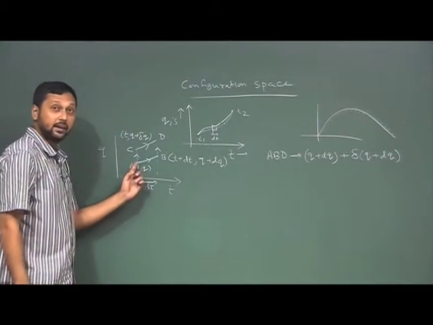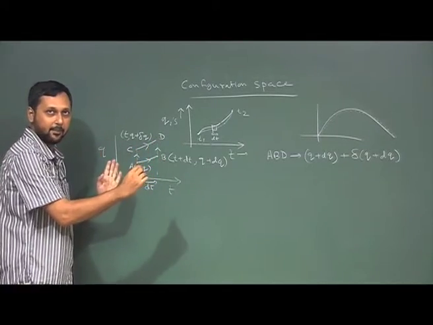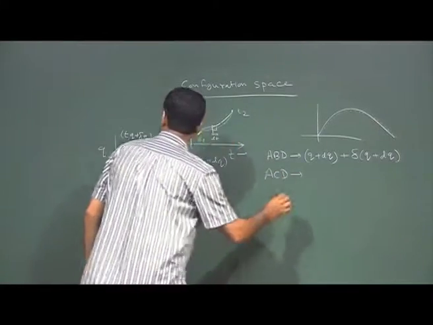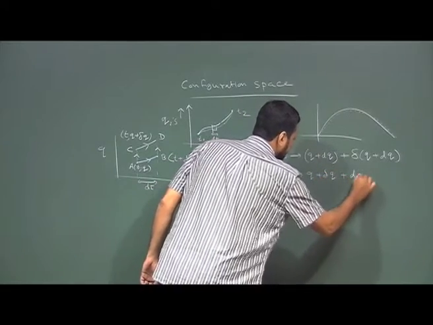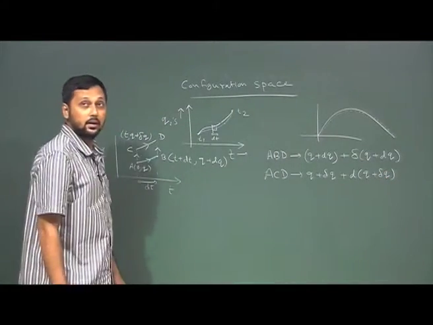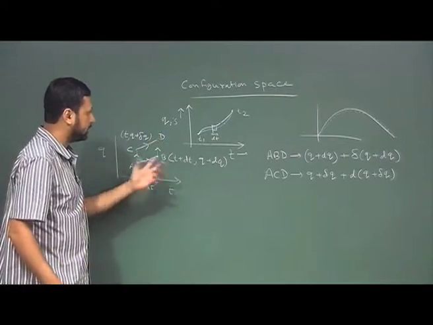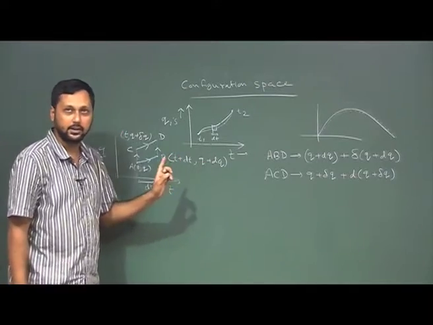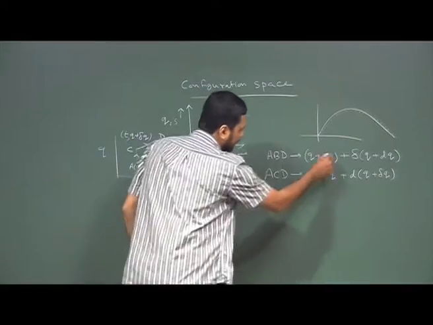Similarly, if I take A, C, D, C to D is a real displacement in time, right. So, it will be q plus delta q plus d of q plus delta q, right. But D will have a unique coordinate, I mean whichever path we take, it should not alter the coordinate of D. So, comparing this to this, they will be equal. We will see that all the terms will cancel out.